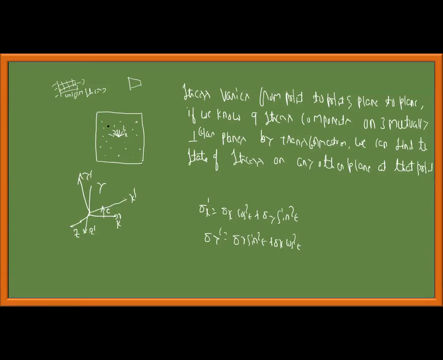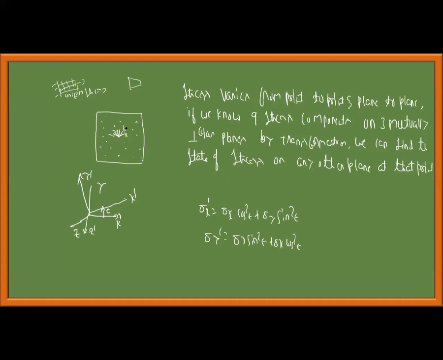But when I talk about any body, there are infinite points, and at each point the state of stress is different. Also at each point I can pass infinite planes, and on each plane the stresses are different. By knowing the stresses on 3 mutually perpendicular planes, by using transformation, I can find stresses on any other plane.